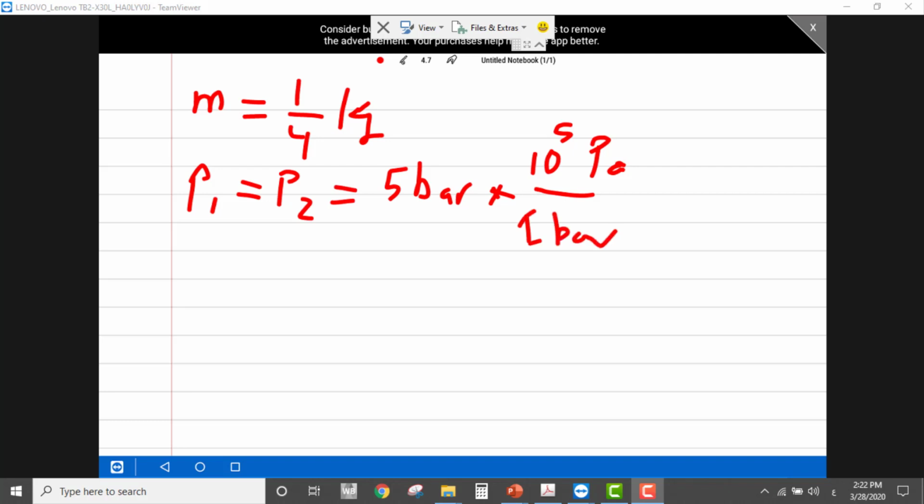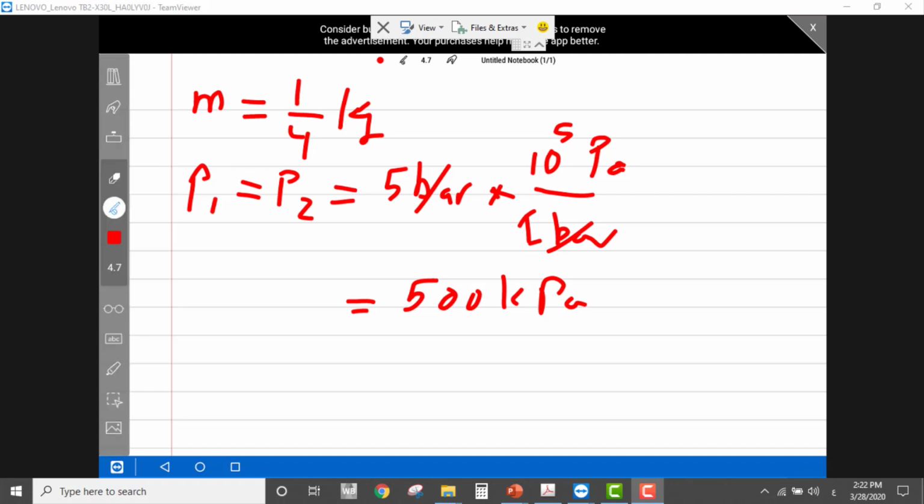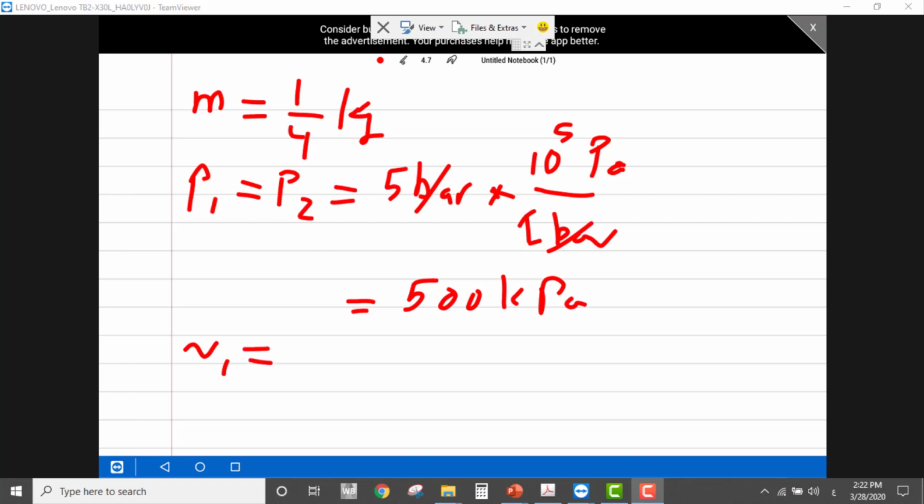Okay, so bar cancels out with bar, and we end up with 500 kilopascal. Okay, so this is given. Another thing given is the specific volume v1, which is 0.2 meter cube per kilogram. Okay, so we need to find out V2.